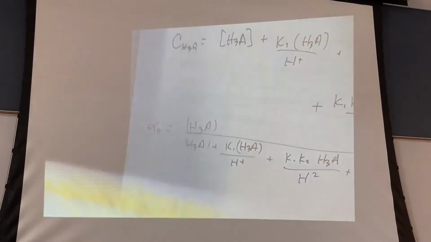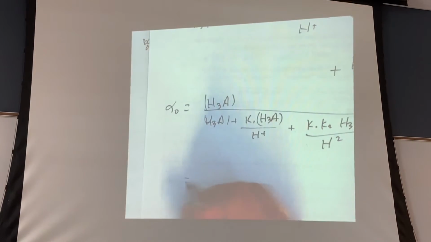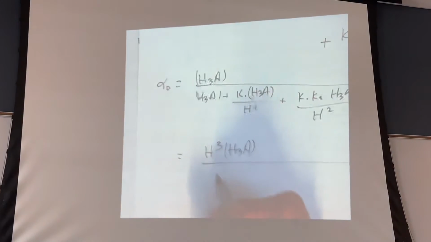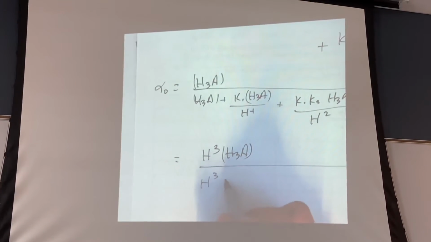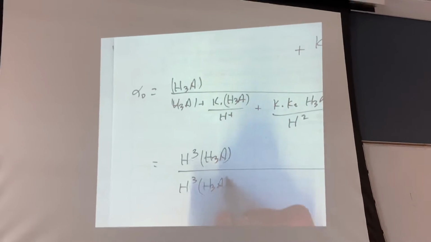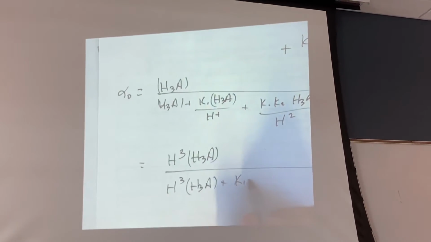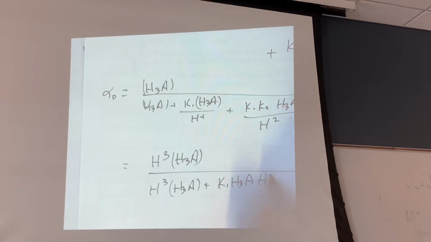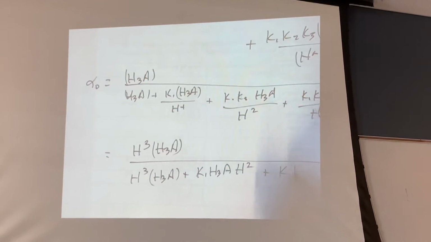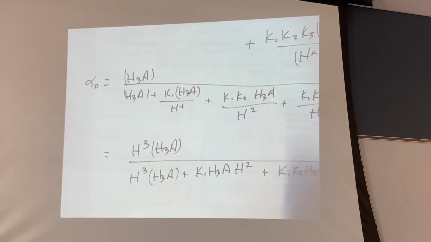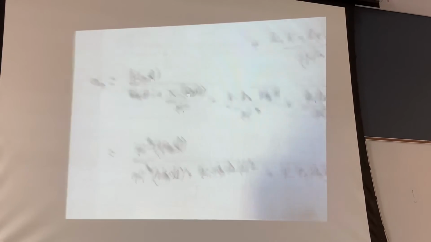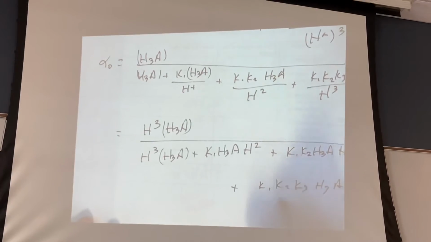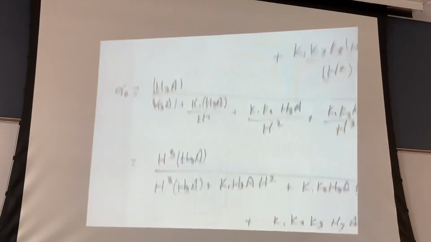Multiply my numerator and denominator by H cubed, and I get plus K1 K2 K3 H3A over... no, that's it. We multiply by H cubed.